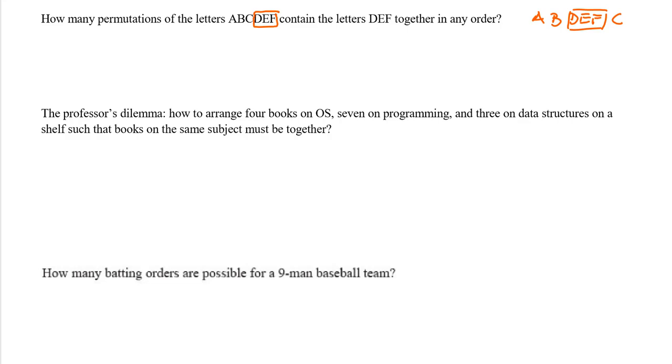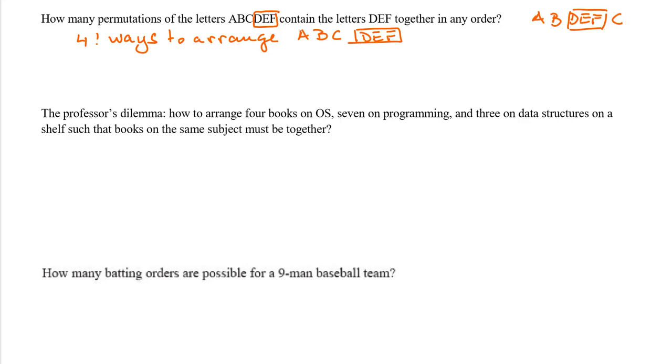So we think of it as if we have 4 letters basically, as we see here. I'm thinking D, E, F as 1 letter. So we have 4 factorial ways to arrange these 4 letters.